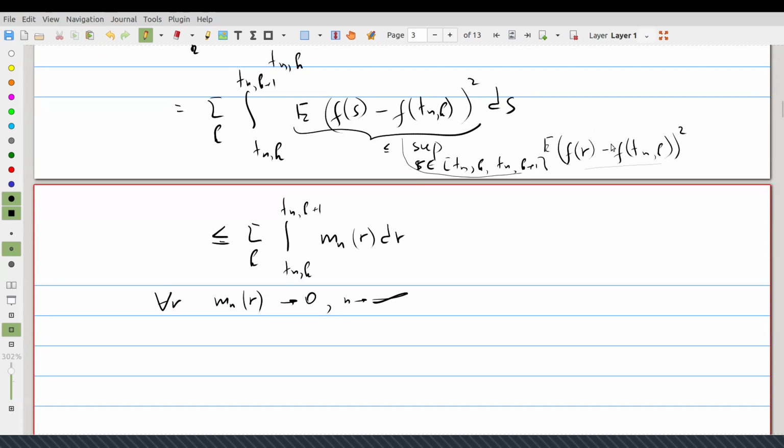I will leave the details as an exercise. So this goes to 0 by the dominated convergence theorem, and this proves our result.